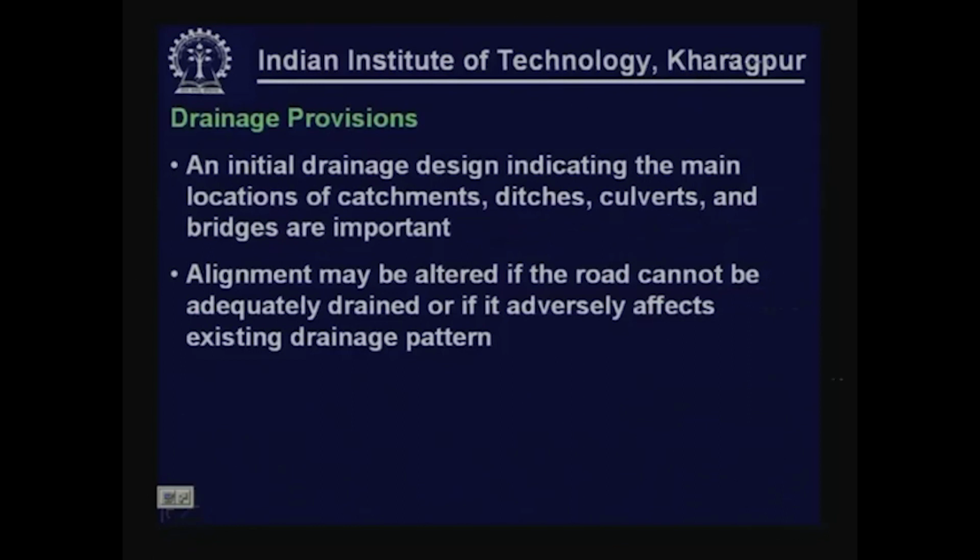This is a very, very serious problem we face in many cases. So, you have to take care of this part. Do not disturb the natural drainage system, and also you have to make sure adequate drainage, required drainage for the newly developed roads or what you are going to develop.